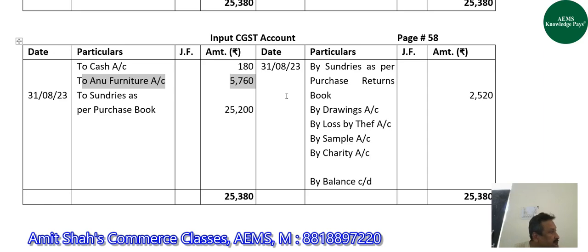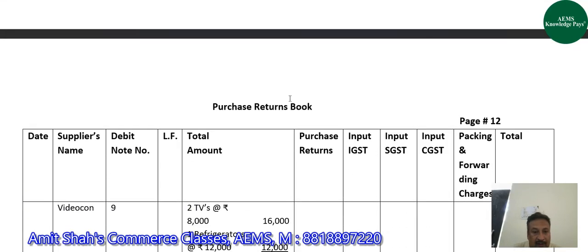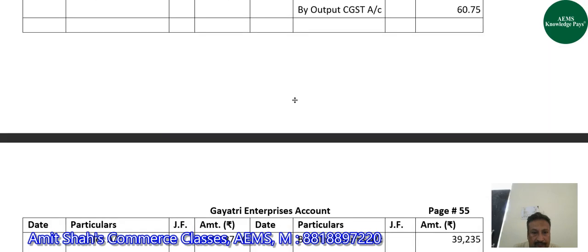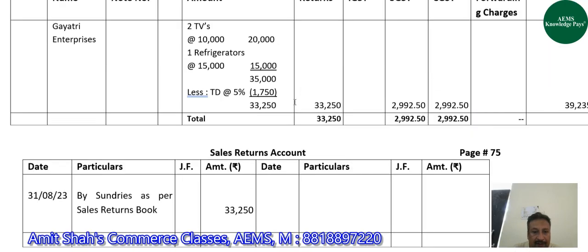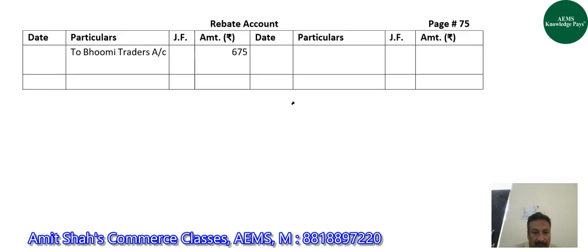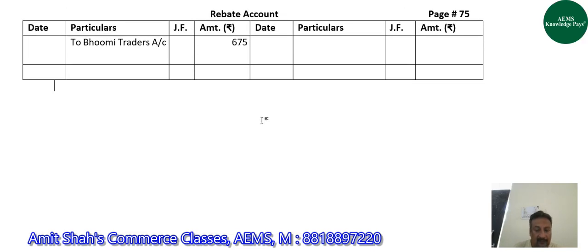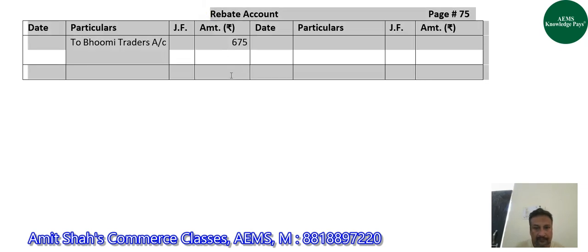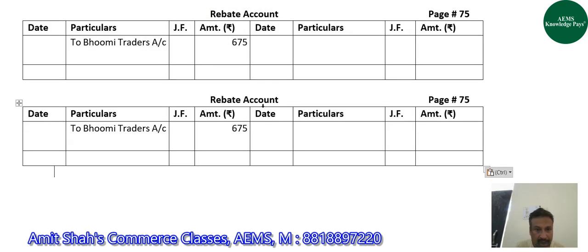Then guys, now the two more ledger accounts that we have to make are furniture account and Anu Furniture account. On the debit side of furniture account, we'll write to Anu Furniture account with the amount of furniture, that is 64,000.